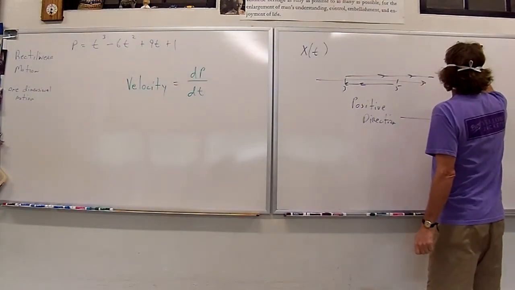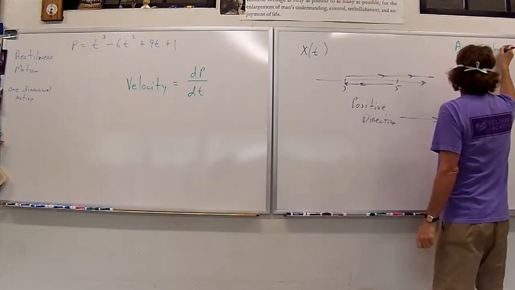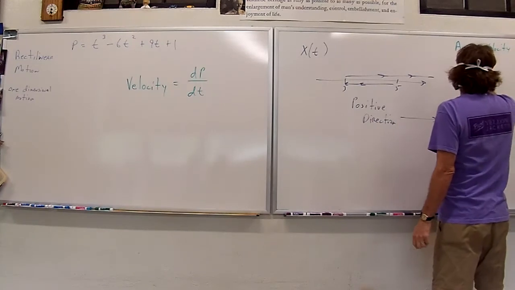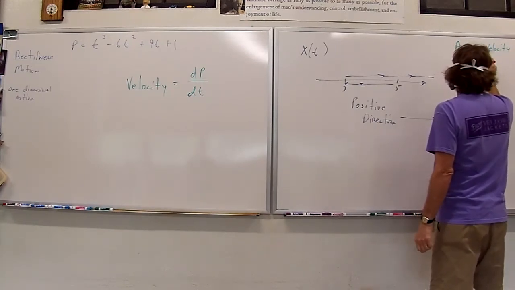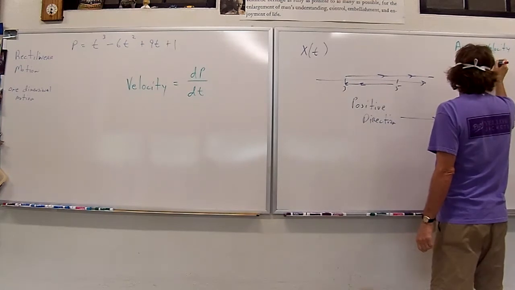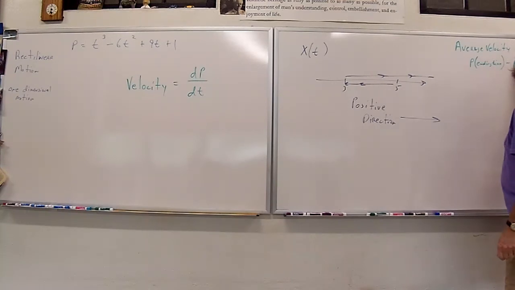Average velocity is the position at the ending time minus the position at the beginning time.